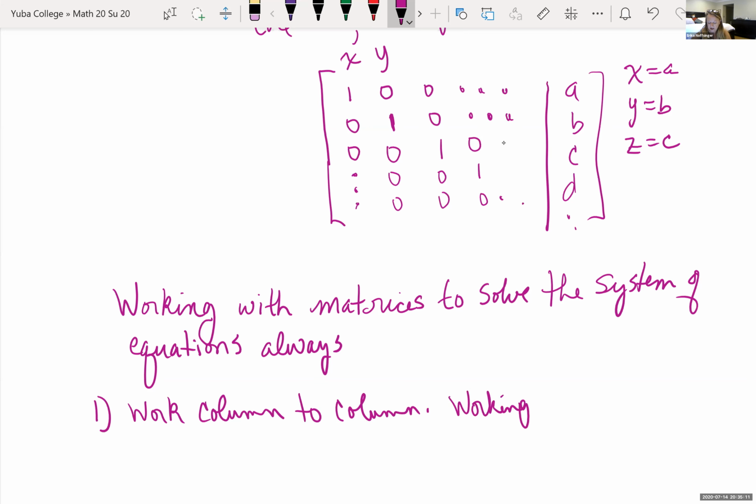So working with column 1, then column 2, then column 3, etc.